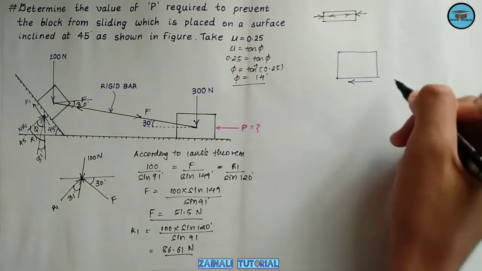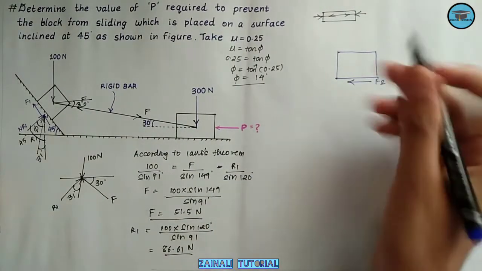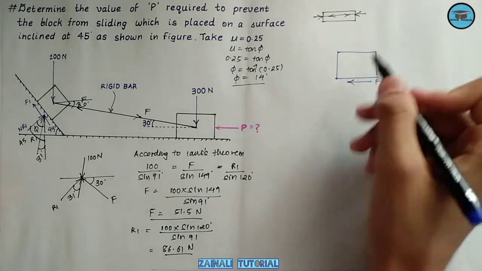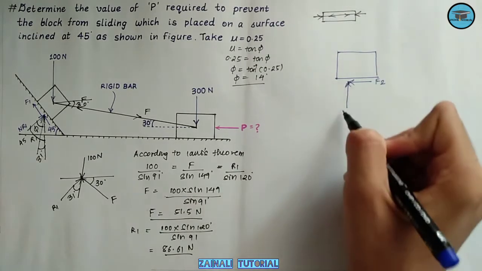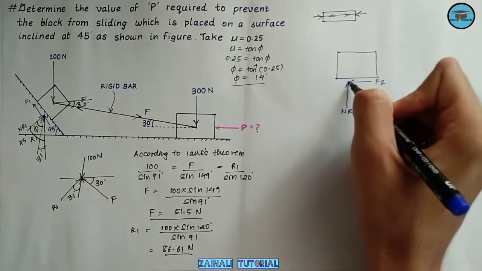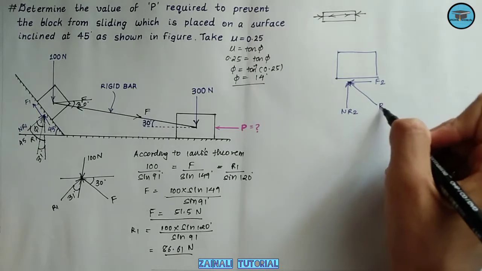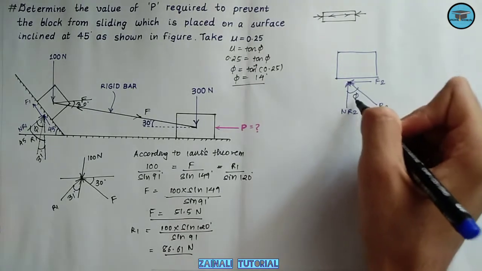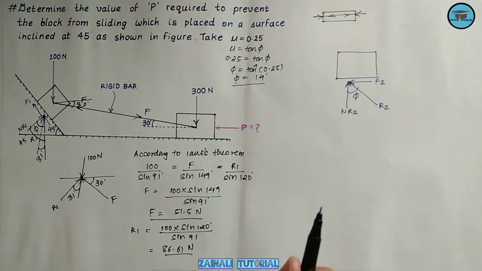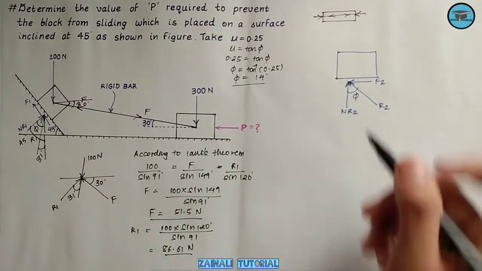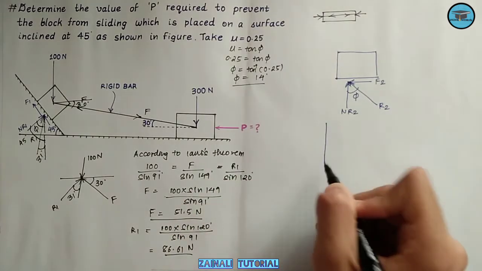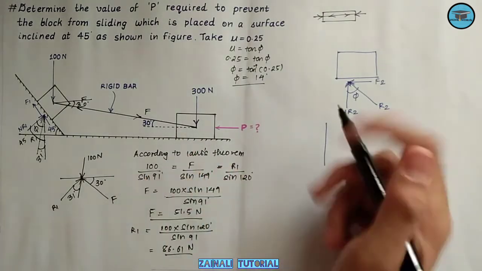So the direction of the frictional force would be F2, which is in this direction, and the normal reaction would be nR2. The resultant of these two forces, that is R2, makes an angle of phi with that of the nR2. Okay, so we have got the four forces acting which are concurrent in nature.